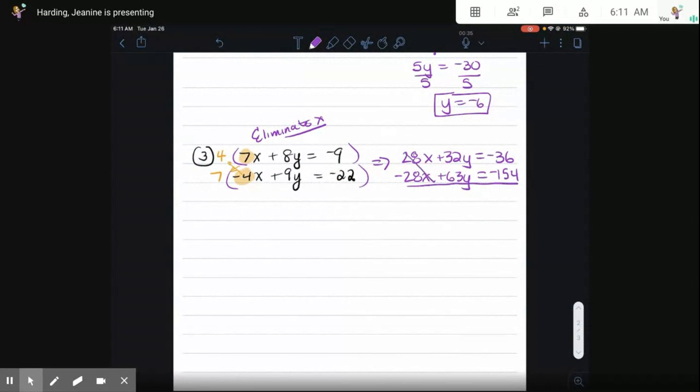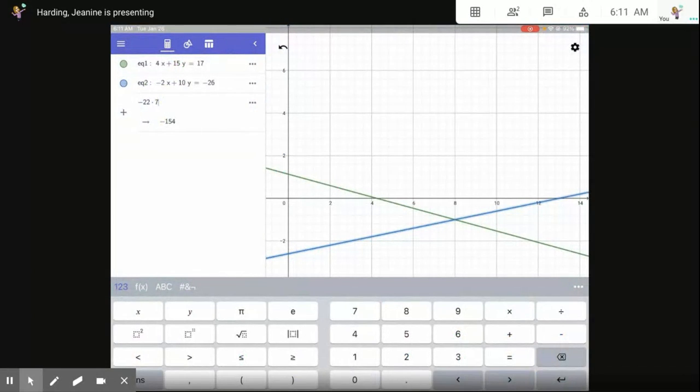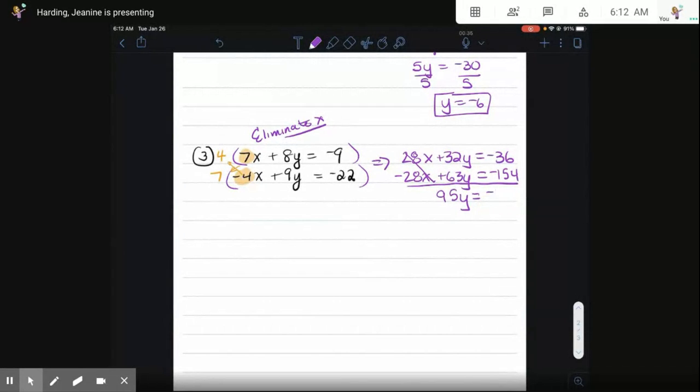Okay, we add these together, and I get 95y equals, let's say, negative 154 minus 36, which is negative 190. Divide both sides by 95, and you get y equals negative 2.